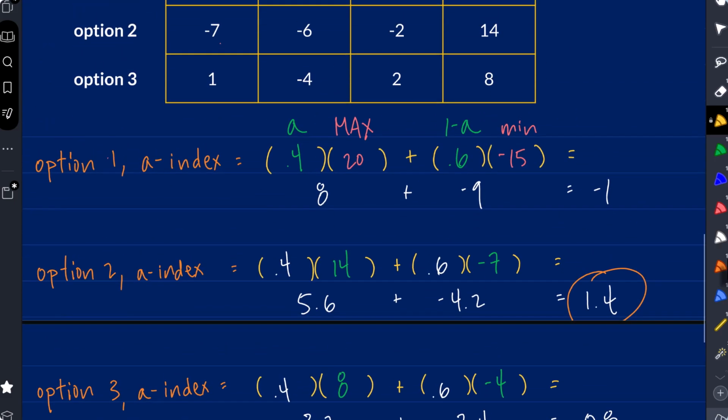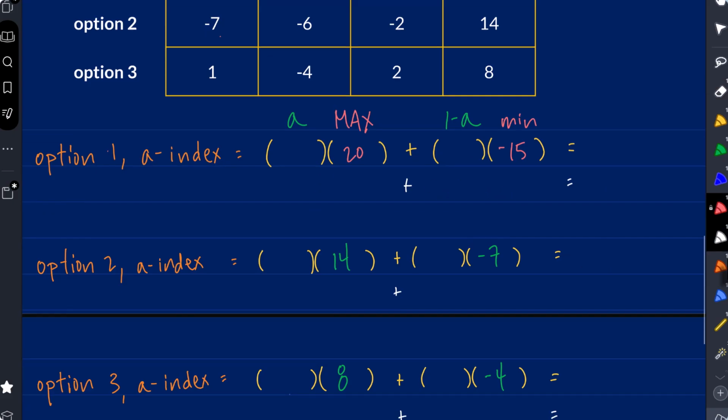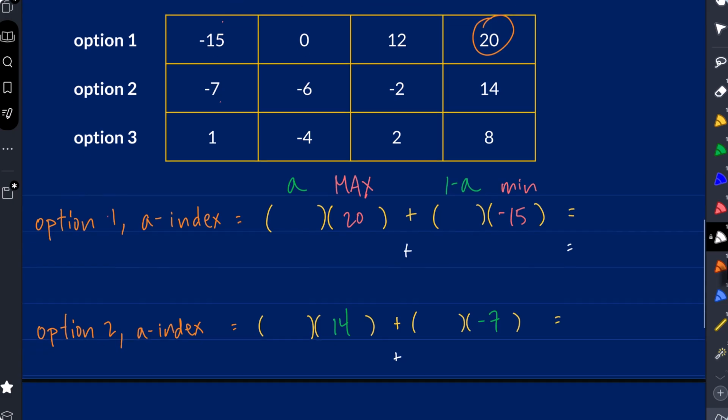Now, of course, you can have, and many people will have, a different A value. So let's just look at how one other calculation would go. Okay, so for this decision problem, all of this will stay the same.